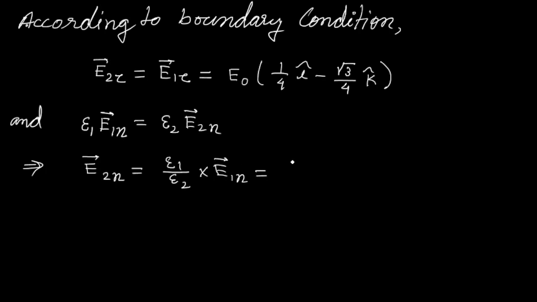Here the ratio of epsilon 1 and epsilon 2 is simply the ratio of dielectric constants. Medium 1 has a dielectric constant 4 by 3 and medium 2 has a dielectric constant 1, so this ratio will be 4 by 3. And then you write the normal component in medium 1, which we have already calculated here.